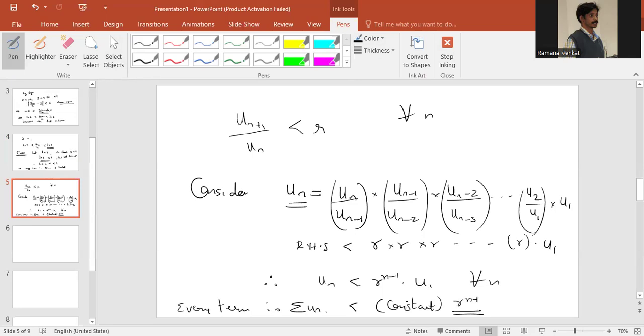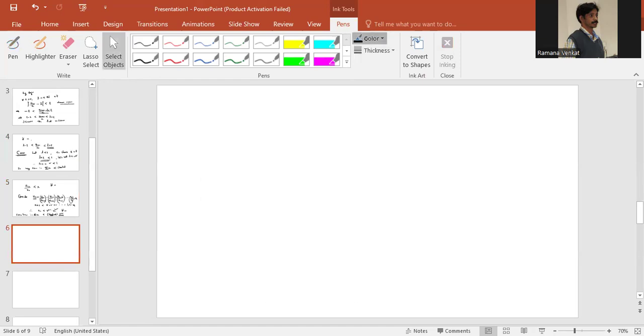This is a geometric series. This constant is u1. So what we infer from this is that summation un behaves like the geometric series.